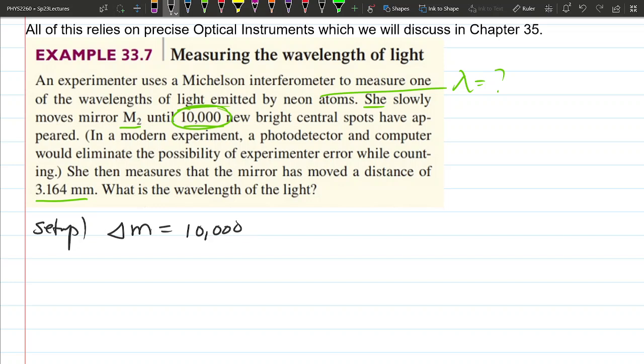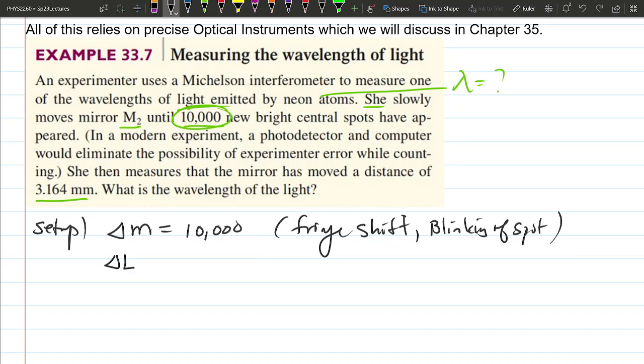This is 10,000 fringe shifts, but in actual measurement in the lab, it's basically the blinking of the spot in the middle. And she found that she translated the mirror, which changes length number 2, by 3.164 times 10 to the negative 3 meters. I want to figure out the wavelength of the light.